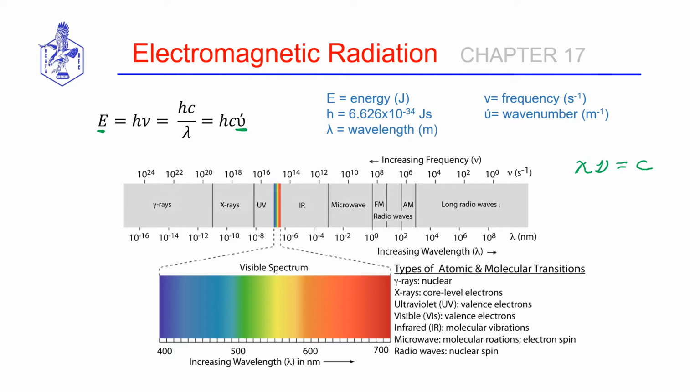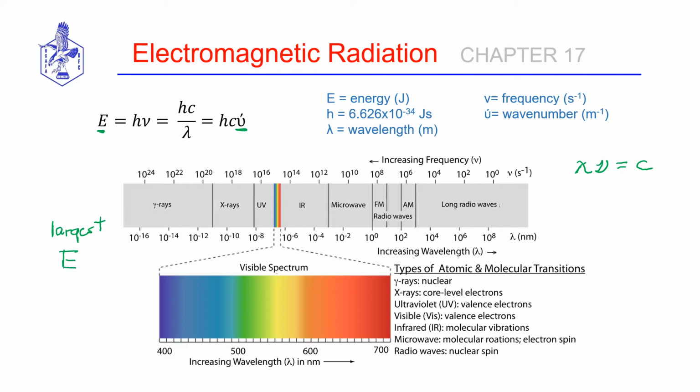So the electromagnetic spectrum, when organized from most energetic to least energetic, at the very left is most energetic. So at the left, this is radiation that has the largest energy.